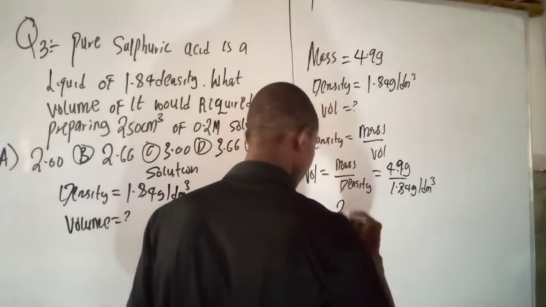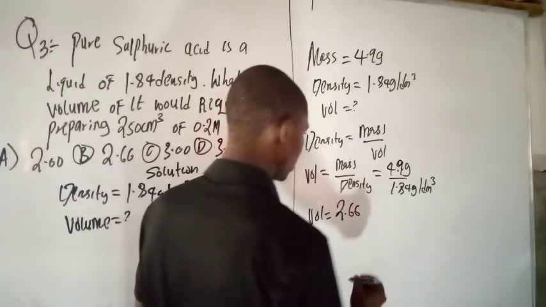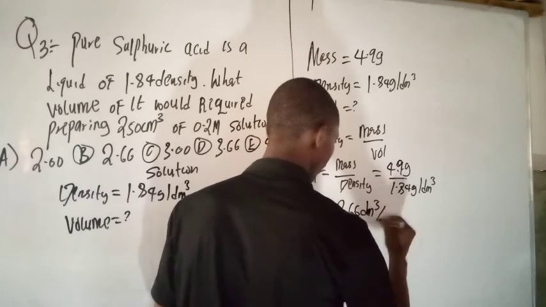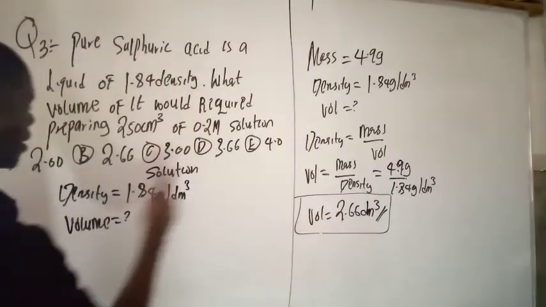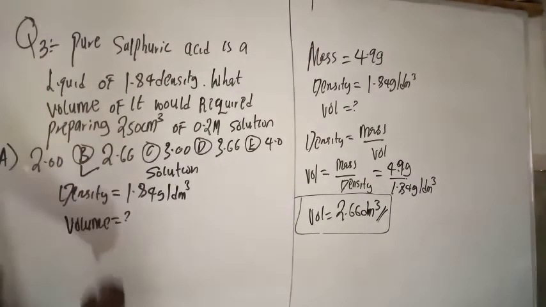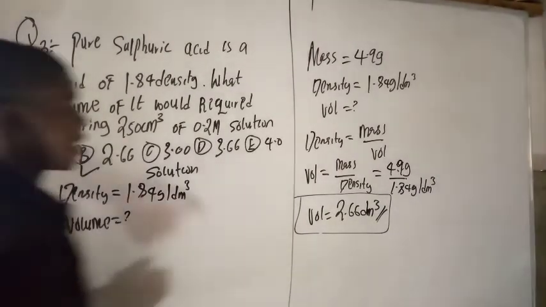Volume equals 2.66 dm cube. So that is the answer here. If you look at it, the option is P here. Do you get that?